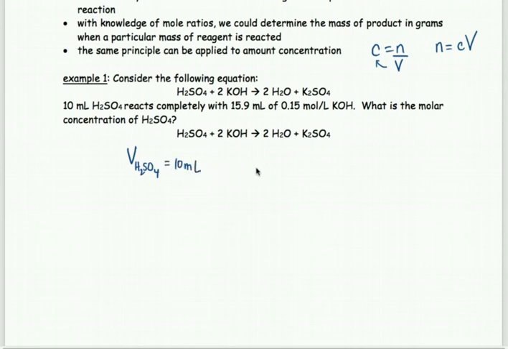Sorry, so we know milliliters is volume. And then we know that it reacts completely with 15 milliliters of potassium hydroxide here. And we know the concentration of potassium hydroxide. So I'm using V and C to represent those values.